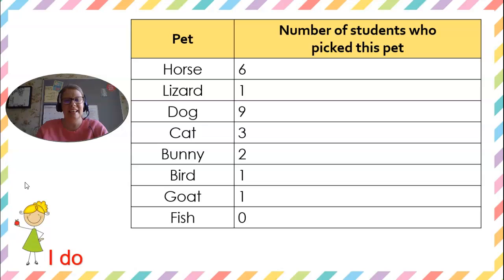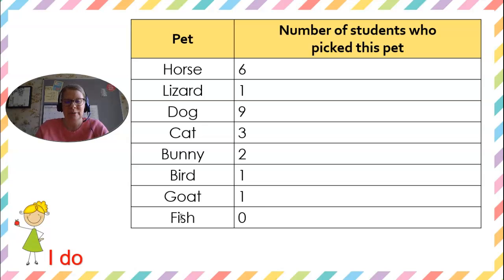So look at that. 6 of you chose a horse. 1 said lizard. 9 of you picked dog. 3 of you picked a cat. 2 would choose a bunny. 1 picked a bird. 1 picked a goat. And nobody picked fish. Poor fishies.